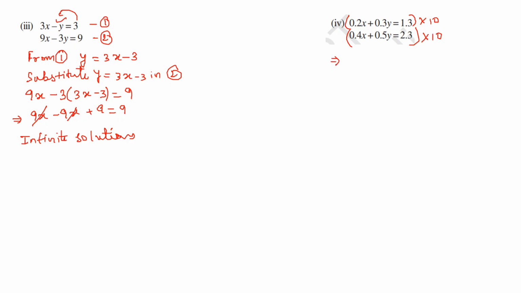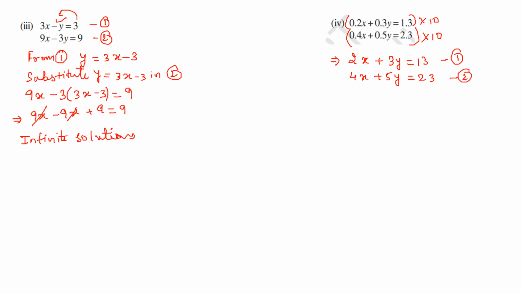So what you will get from the first equation, 0.2 into 10 will become 2. So it is 2x plus 3y equal to 13. This will be your first equation. And then second is 4x plus 5y equal to 23. This is your second equation.